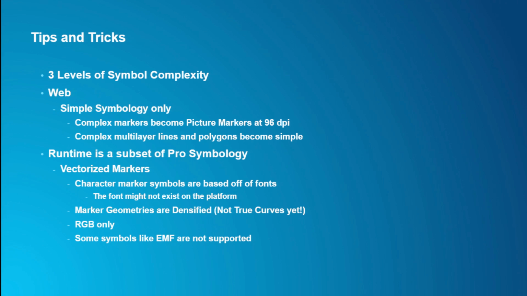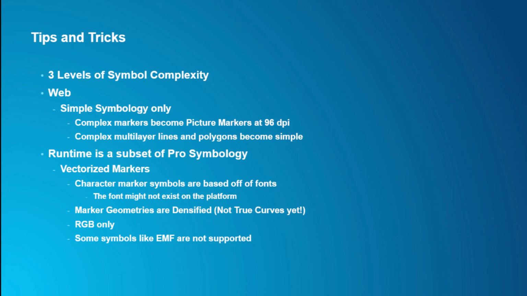So we vectorize those symbols and turn them into a JSON sort of vector representation of that symbol. And we densify curves because at the moment we don't support curves in the runtime, and we will in the future. And we make the actual symbol RGB.